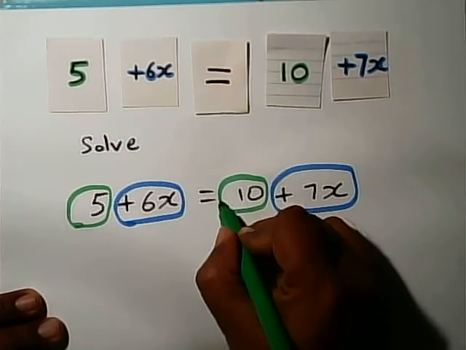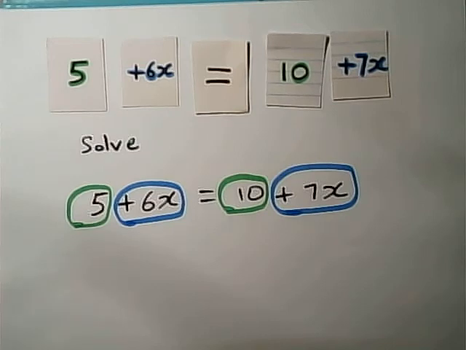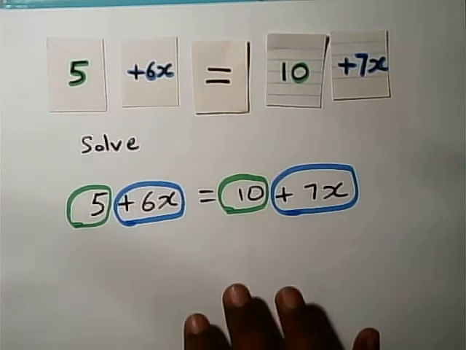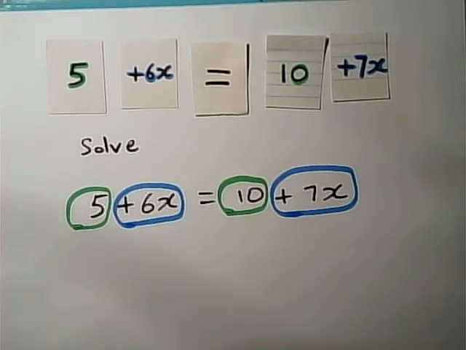It's like a game or a puzzle where the object is to get the x terms all on one side and combine them, and eventually we want the letter x alone on any side.